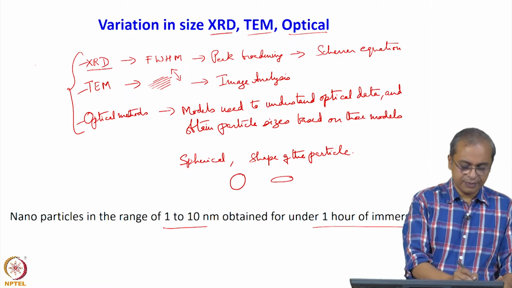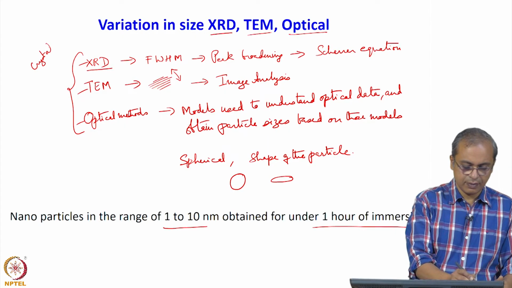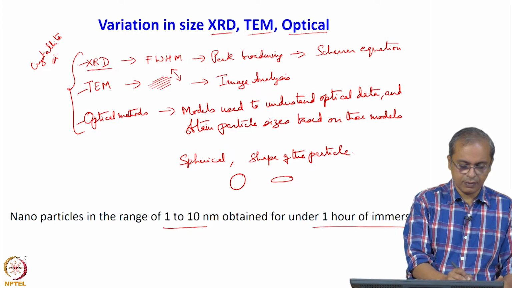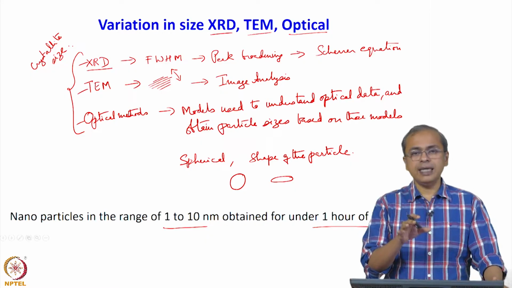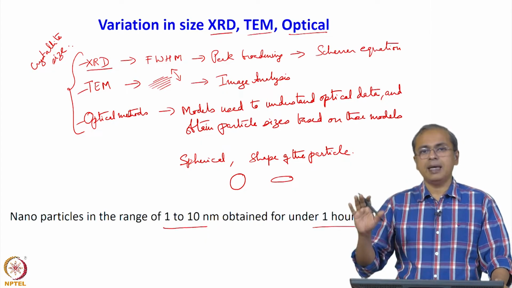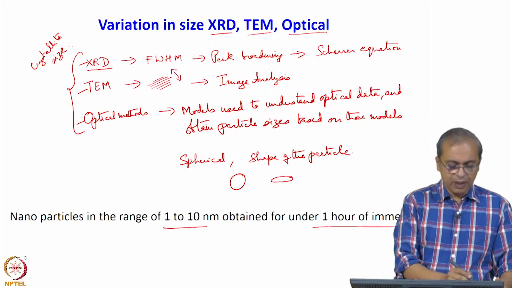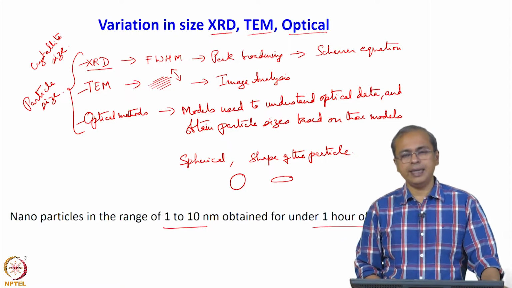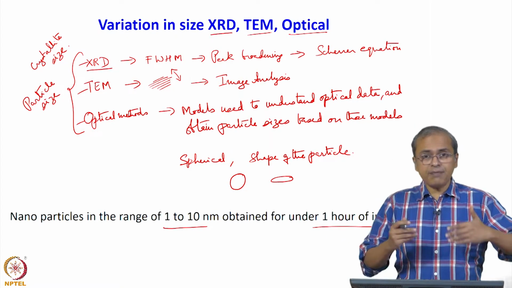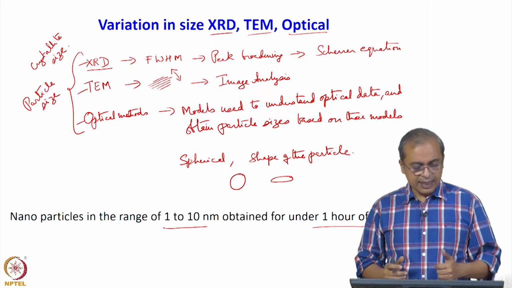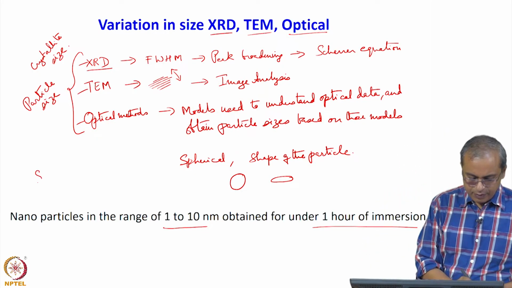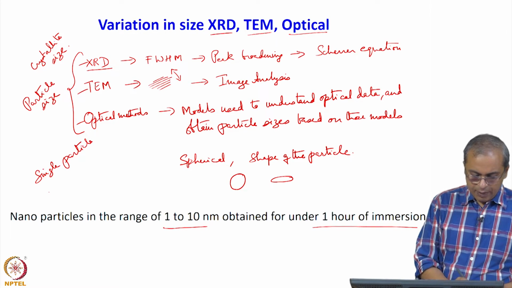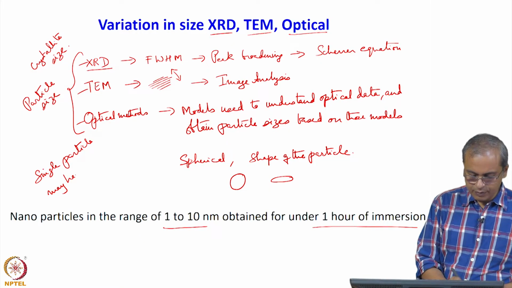Now what you have to understand is that, for example, the X-ray diffraction data gives us crystallite size. And often what you are seeing from micrographs in TEM, if you do image analysis on the TEM, is particle size. One of the reasons why they may not match is that a single particle may have more than one crystal.